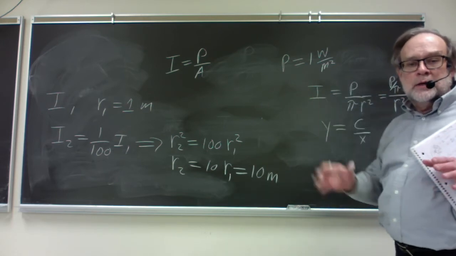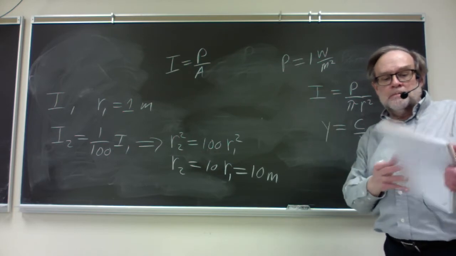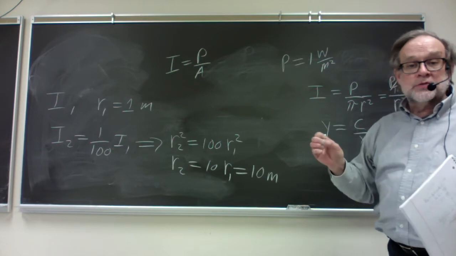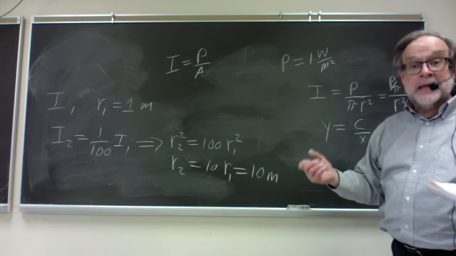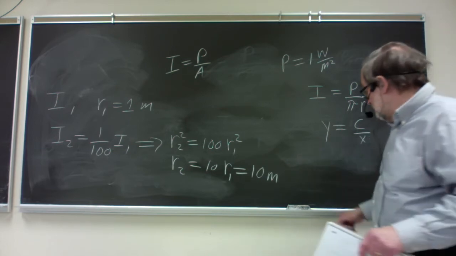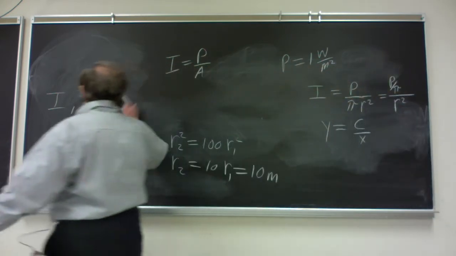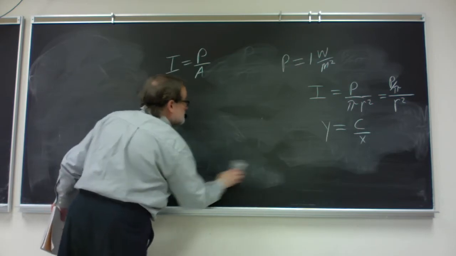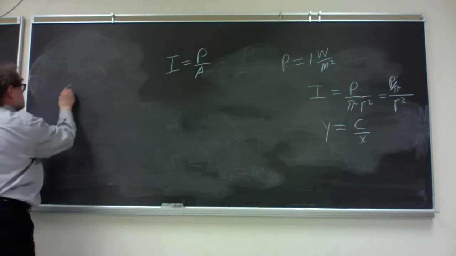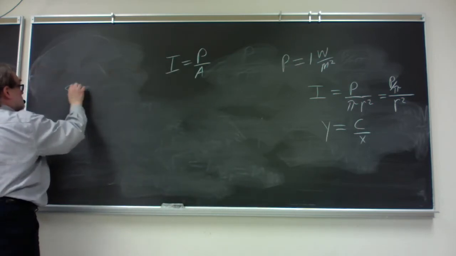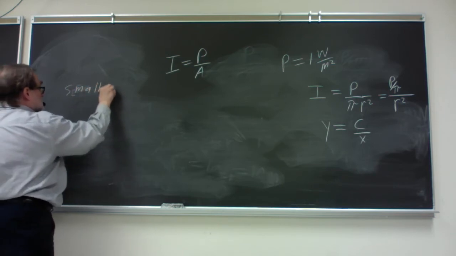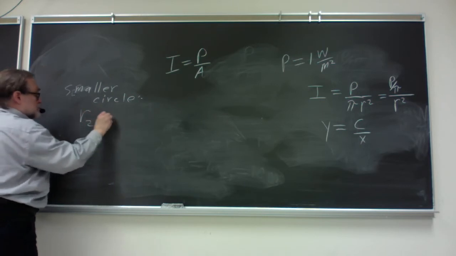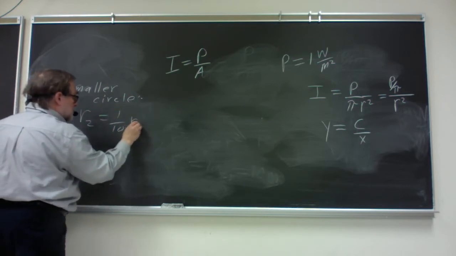Now imagine we tighten things down and make the radius of the circle 1/10 of what it had been. New radius is 1/10 of the old radius.